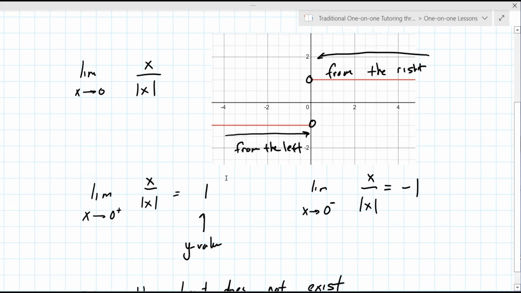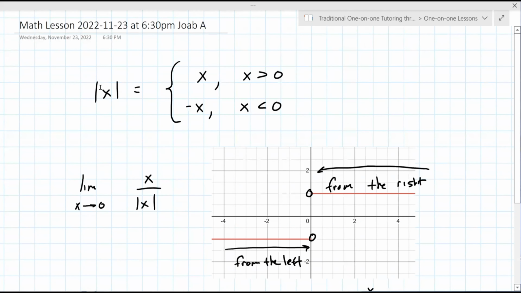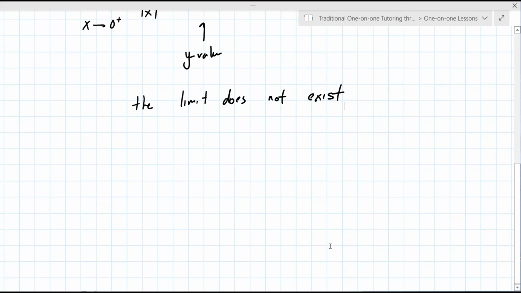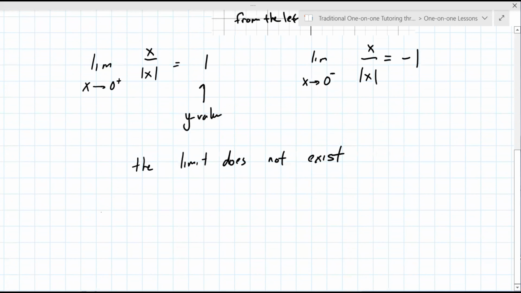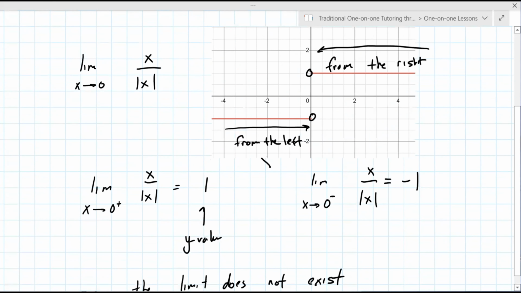It's an interesting thing. Let's talk about how to do it algebraically, because maybe you don't have Desmos on your exam. So from the left, notice that x is less than 0.